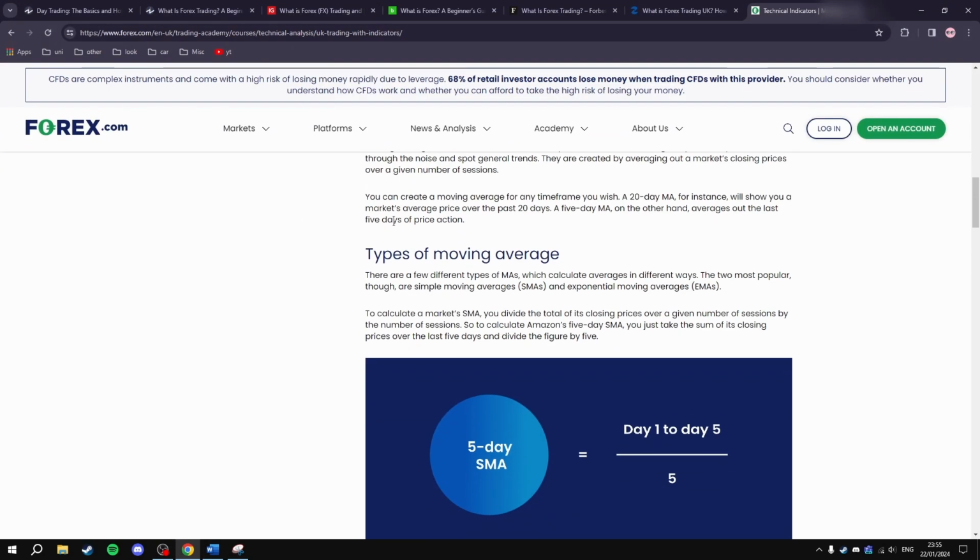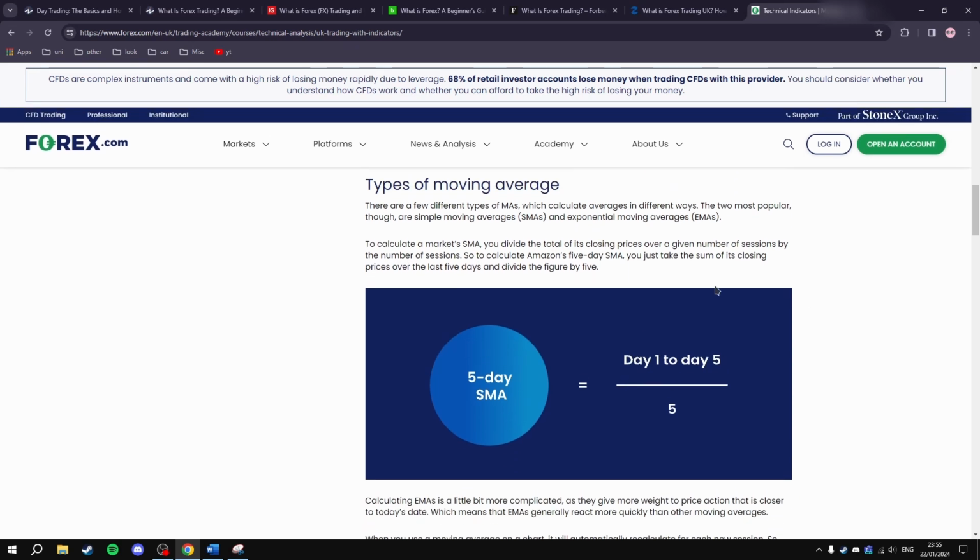You can create a moving average from any time frame you wish. A 20-day moving average, for instance, will show you a market's average price over the past 20 days. A 5-day moving average, on the other hand, averages out the last 5 days of price action.